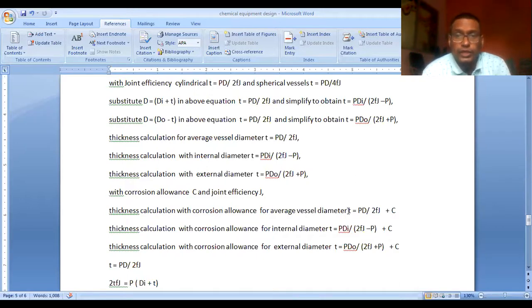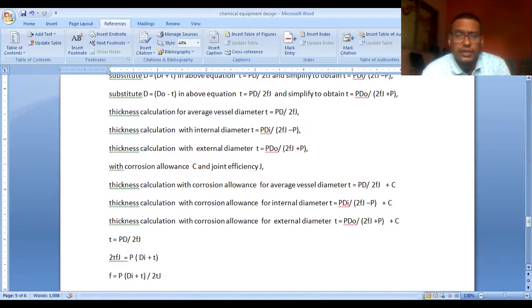So the total thickness will be the thickness calculated from the stresses plus the corrosion allowance. Similarly, the thickness calculation with the corrosion allowance for the average vessel diameter, for the internal diameter, and for the external diameter.